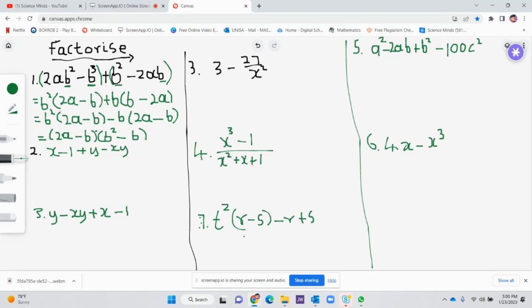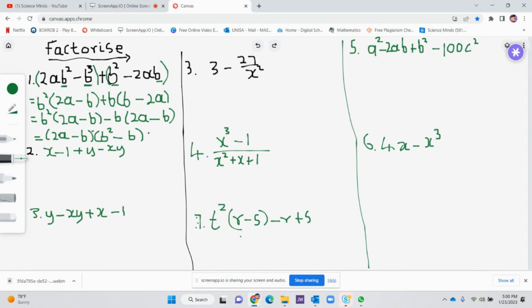Even though that looks simplified, it's still not fully simplified. The problem with it is that we still have a common factor in that second bracket. There's a common factor, which is b, in b squared and in ab. So we're going to take out that common factor b from the second bracket.